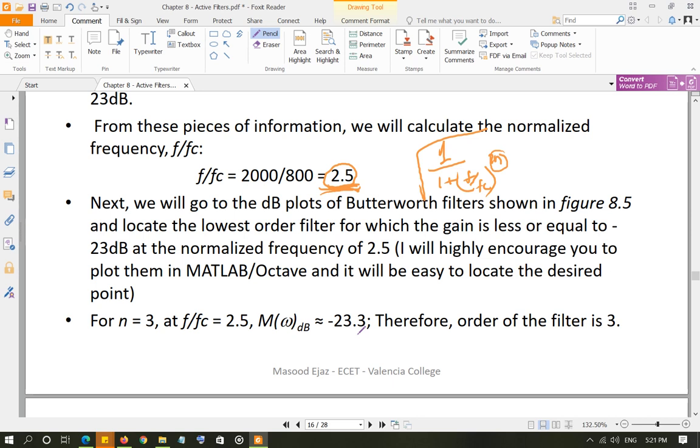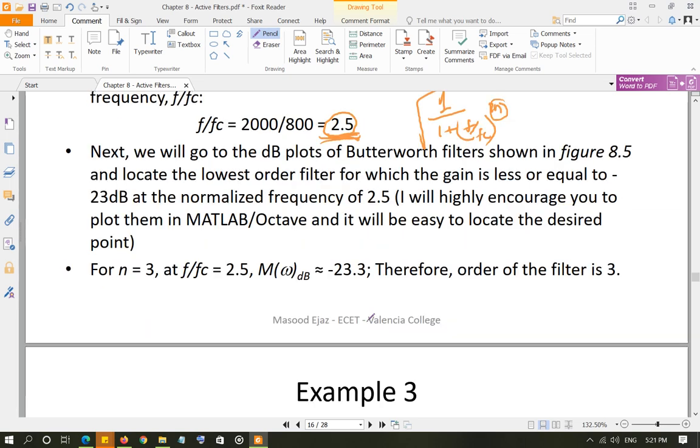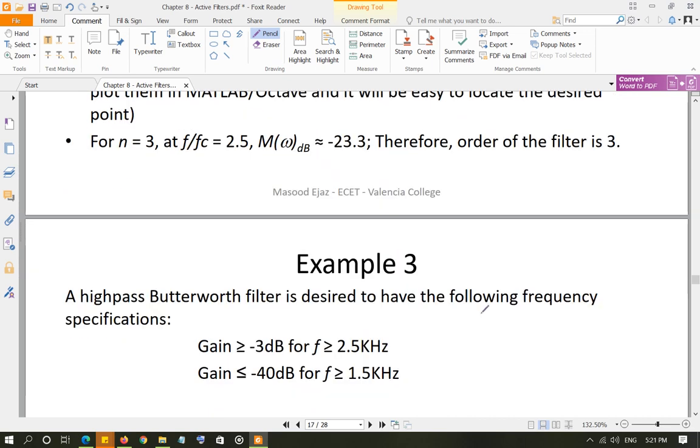But try to be as precise as possible, because there is no point in creating a higher order filter if the lower order filter can satisfy your requirement. So instead of going to the fourth one, which will definitely satisfy your requirement but the filter is going to be more complex, if the third order filter satisfies your requirement, then you're just going to go with the third order filter. So you're going to choose the third order filter from the given parameters.